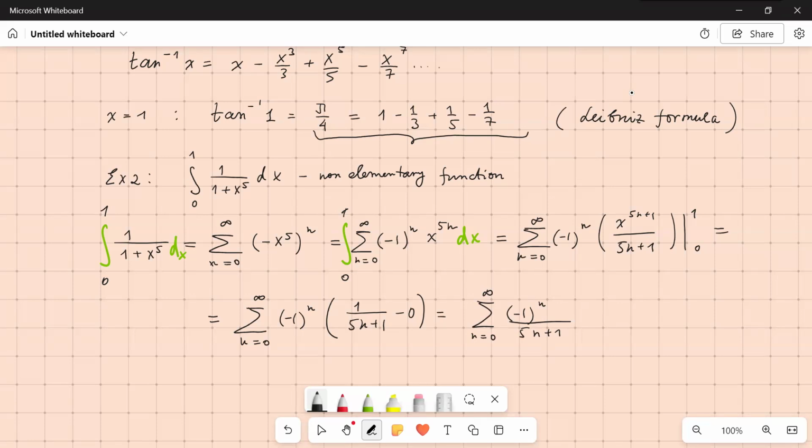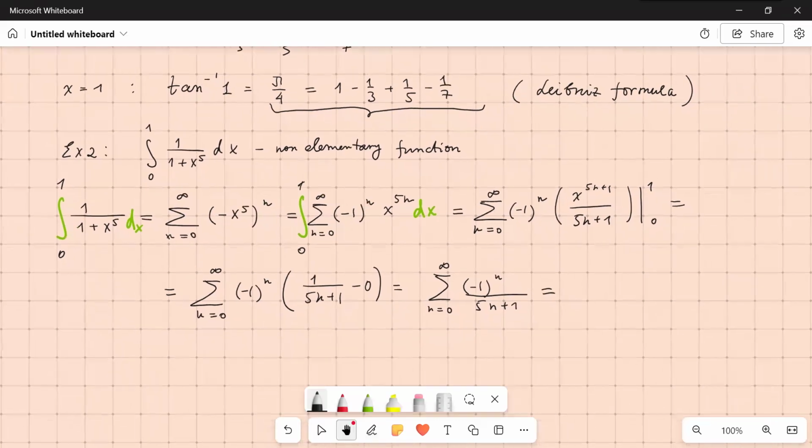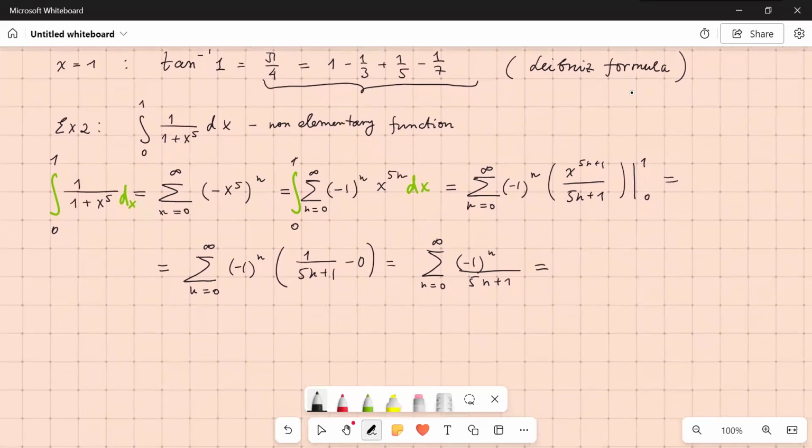We remember that for this series, we can use some first terms as an estimation of the sum. Maybe it would be a good idea to see, because it's an alternating series, how many terms we want to use to reach a certain accuracy. I'm going to write down the first few terms. n equals 0 gives 1 over 1. n equals 1 gives 5 plus 1, 6, so minus 1 over 6.